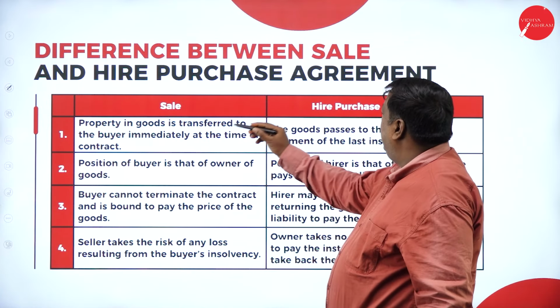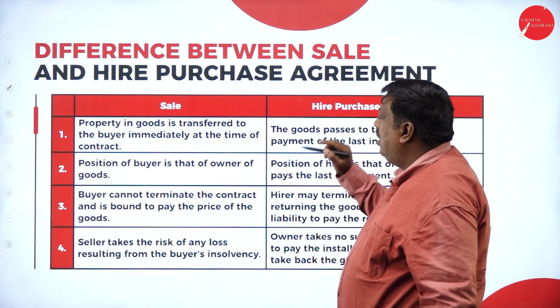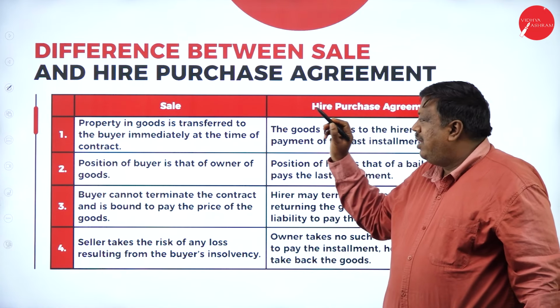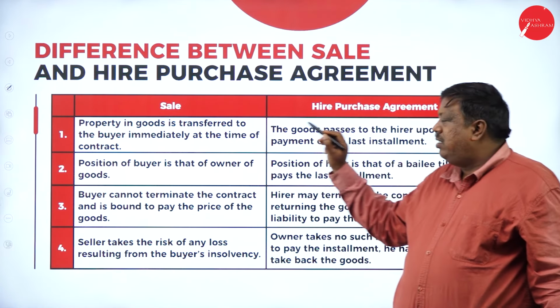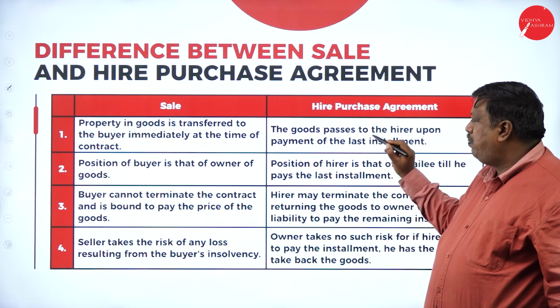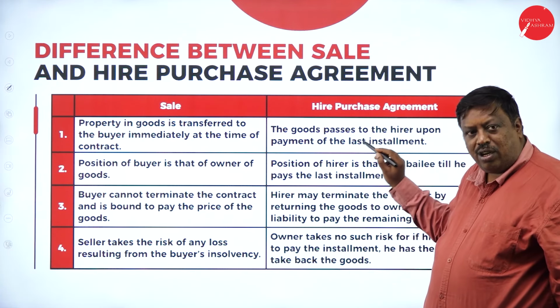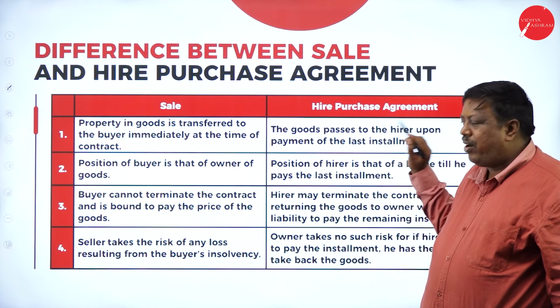Next, we have sale and hire purchase agreement. See, in this concept, the rights of the property will be transferred immediately at the time of sale. Here, only at the last payment or last installment, the rights of the goods will be transferred.